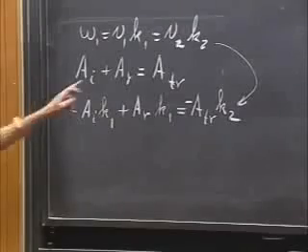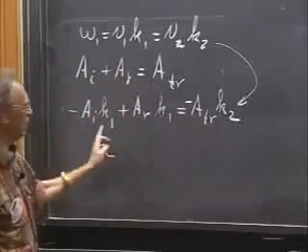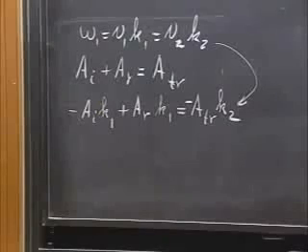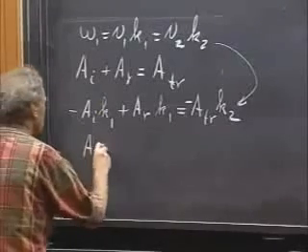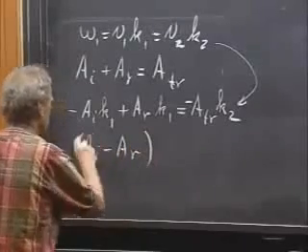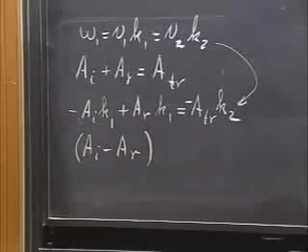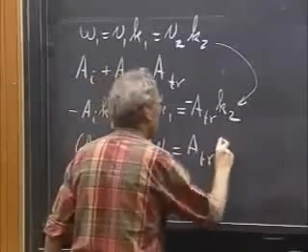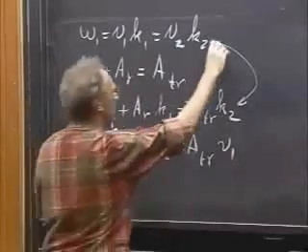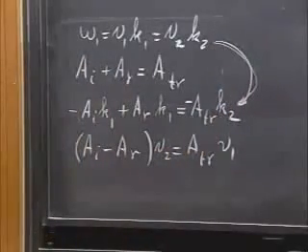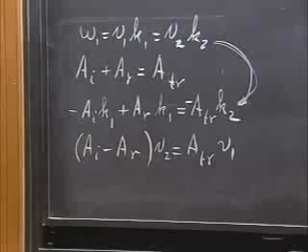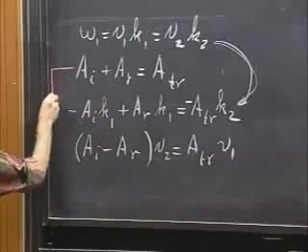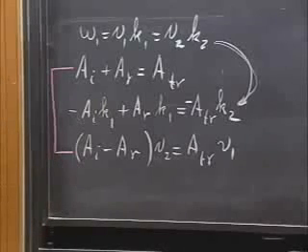You see that? So you take k1 divided by k2, and you get rid of your k's. When you do that, you get A of I minus A of R times v2 equals A transmitted times v1. So that is simply combining these two. Now all you have to do is calculate the ratios of those amplitudes.